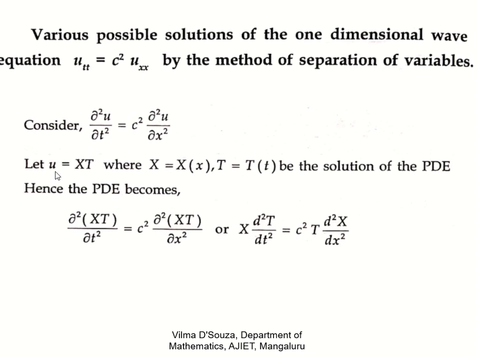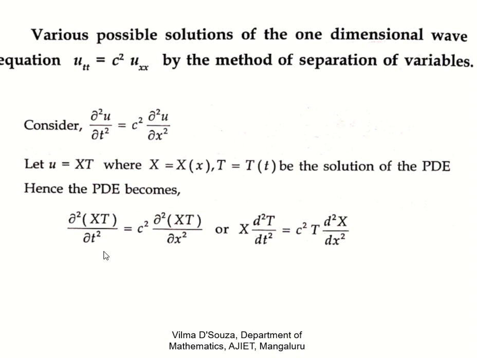So if you substitute u equals XT in the given equation, we will see what it becomes: ∂²/∂t² of XT is equal to c² ∂²/∂x² of XT. Now, as I told you, you are assuming capital X as a function of x alone and capital T as a function of t alone.